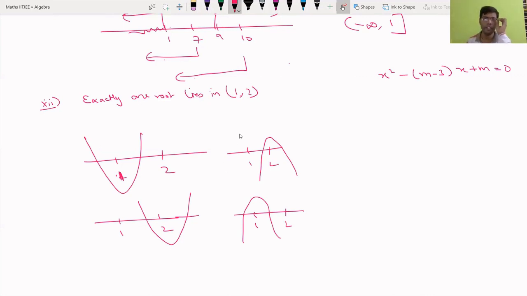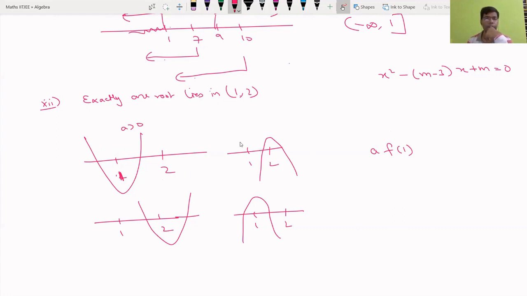So when exactly 1 root has to lie between this, the conditions which I need to use is, of course, discriminant need not be checked. Only thing I need to check is here that a f of 1, when my a is greater than 0, f of 1 is less than 0, and f of 2 is greater than 0.